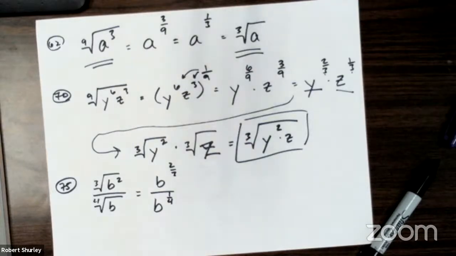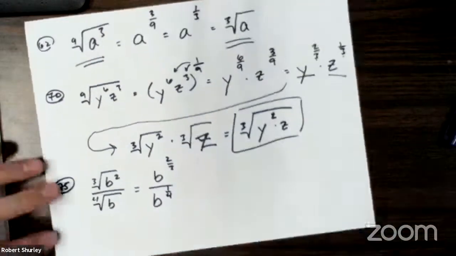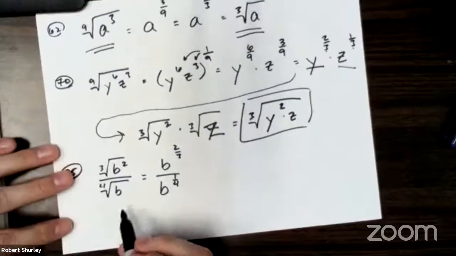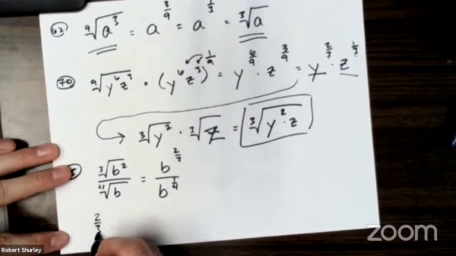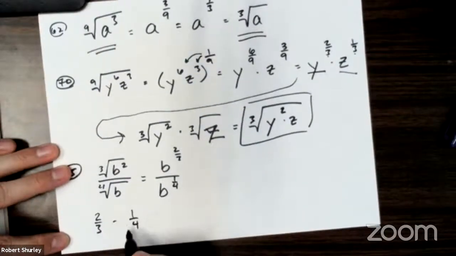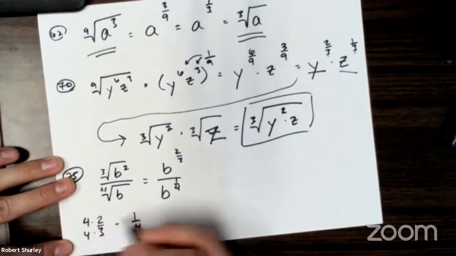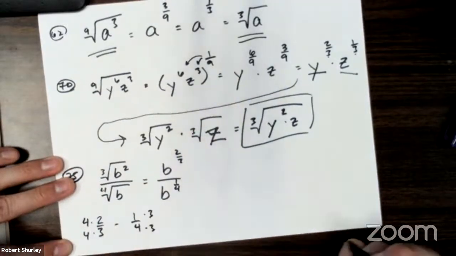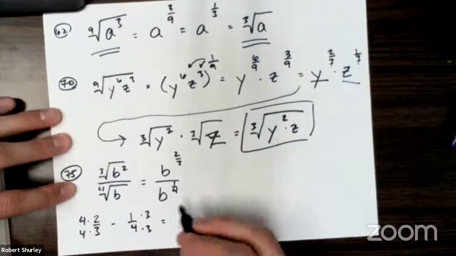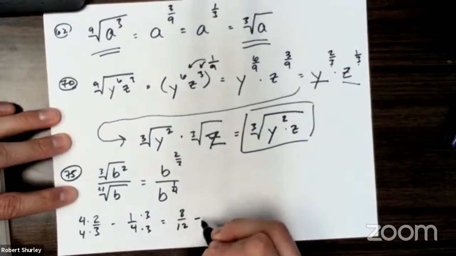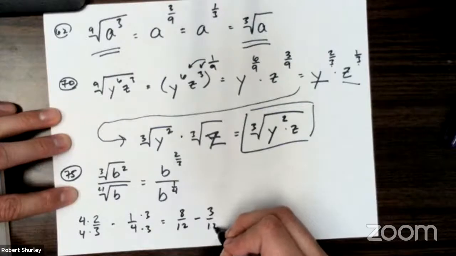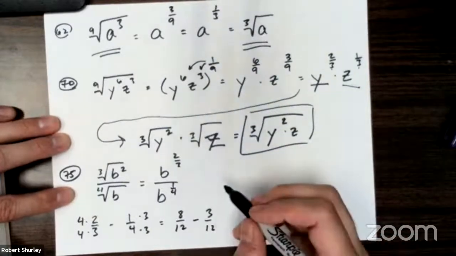And then we're going to subtract 2/3 minus 1/4. Now look, if you're like, man, I don't remember how to do 2/3 minus 1/4. The common denominator is 12, right? So we're going to multiply the top and bottom here by 4 and the top and bottom here by 3. So we wind up with 8/12 minus 3/12.